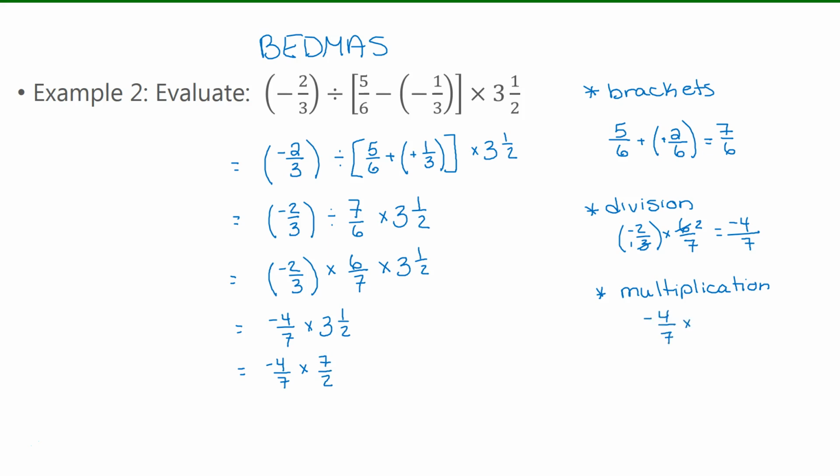Negative 4 over 7 times 7 over 2. We can simplify a few numbers here. 7 into 7 once, and 2 into 2, and 2 into 4. And multiplying gives me negative 2 over 1, or we can just write the answer as negative 2.